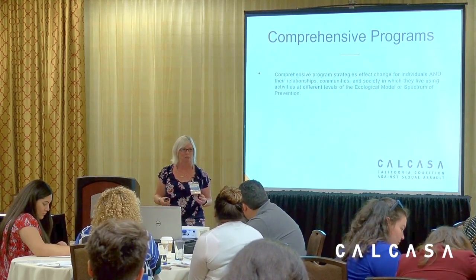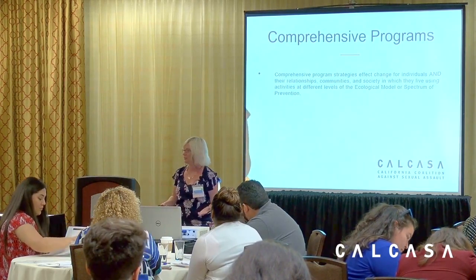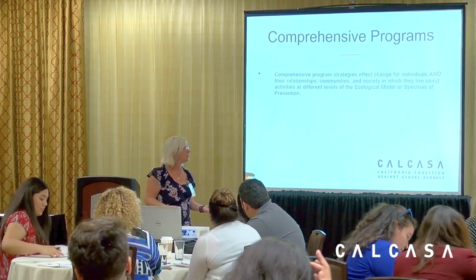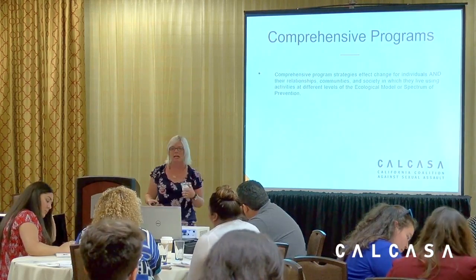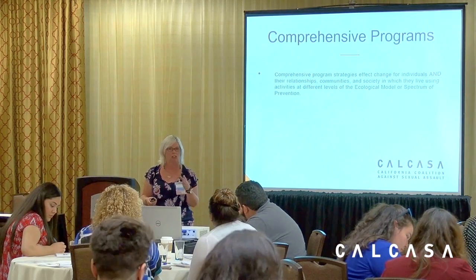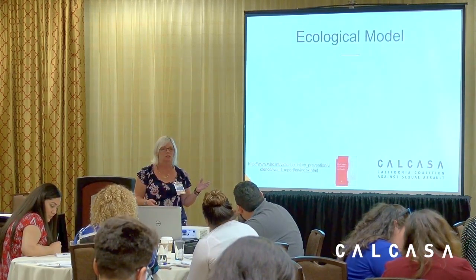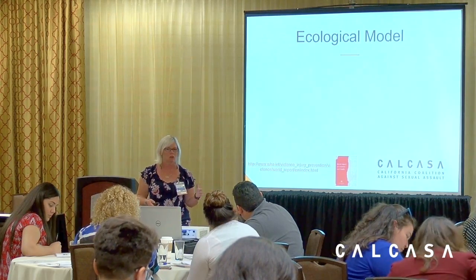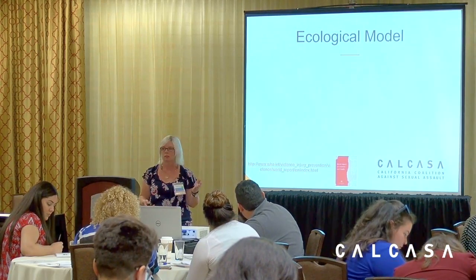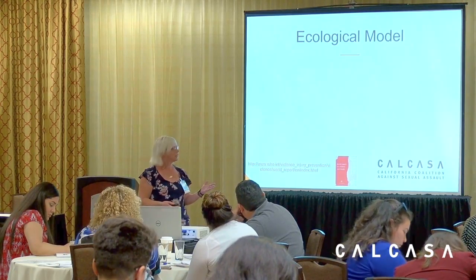We probably know a lot about what we're going to do now, right? We've done a lot of strategizing. So we want to look at having activities and strategies that affect change at those different levels of either the social ecological model or the spectrum of prevention. So oh, look at that, it's big.